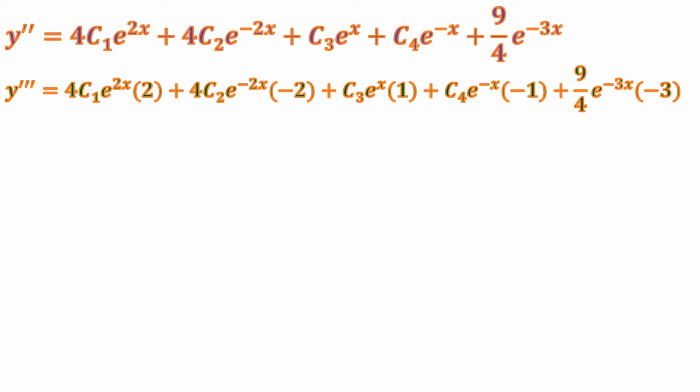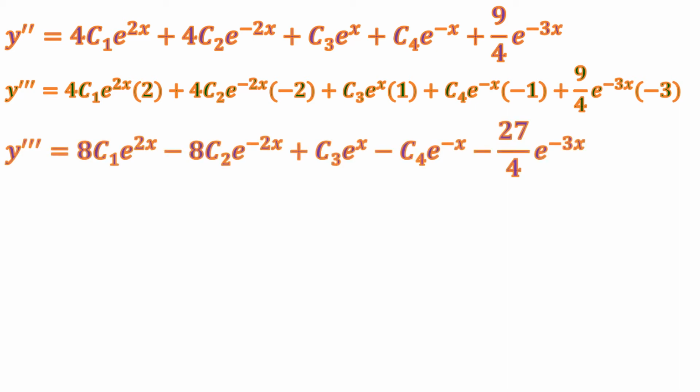And so we are going to multiply the values. 4 times 2 is 8, 4 times negative 2 is negative 8, and 1 times c3 is c3, negative 1 times c4 is negative c4, and negative 3 times 9 fourths is negative 27 fourths. So this is our y triple prime.